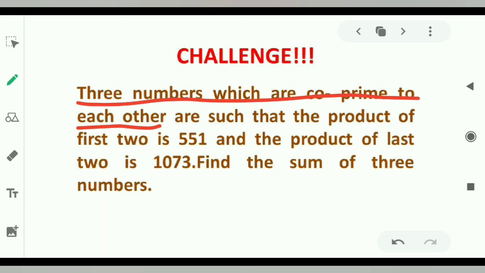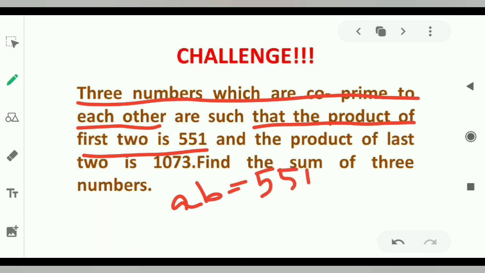Then we are also given that the product of first two is 551. Say for example, if A, B, C are the three numbers, we are provided with AB is equal to 551 and the product of last two, BC, is given by 1073.